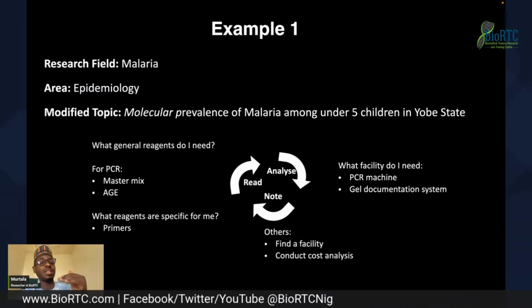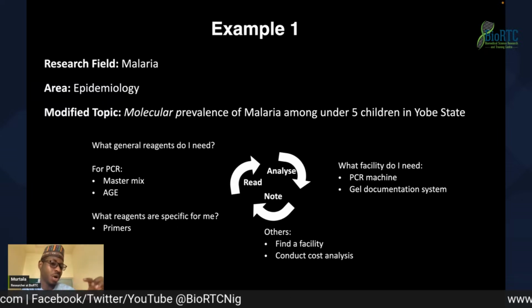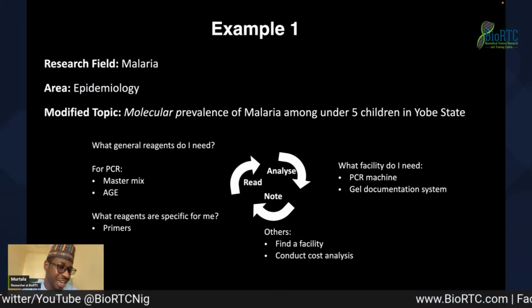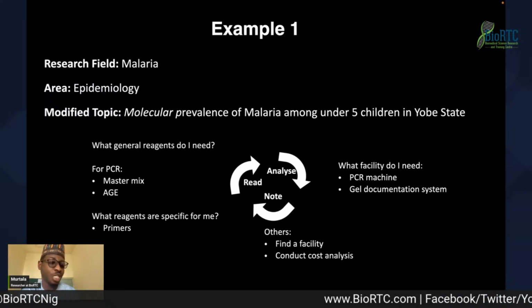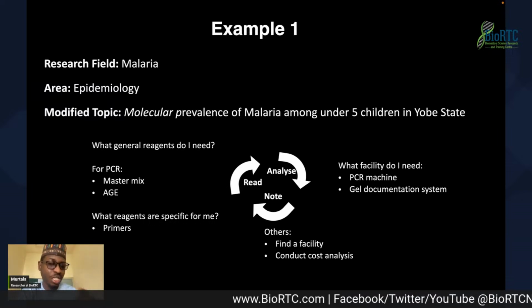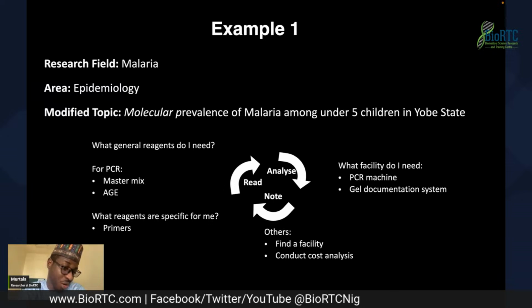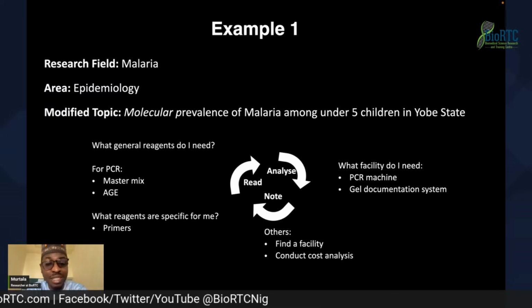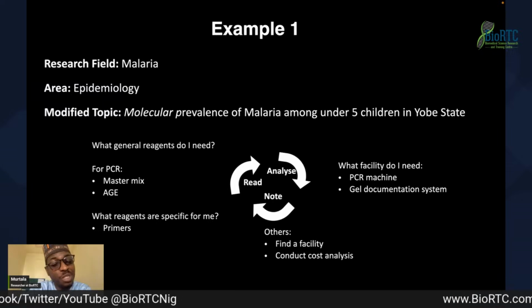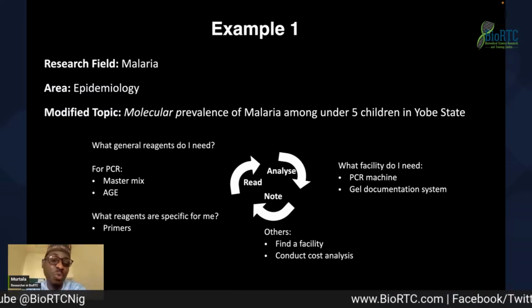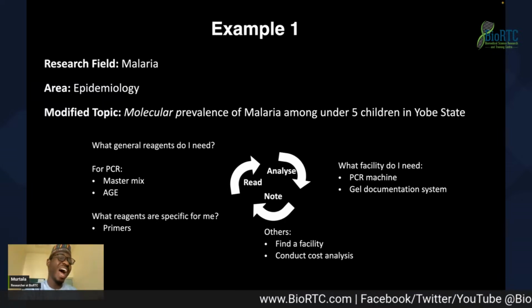So it's helpful for you to categorize your reagents into two: those that are common and those that are specific to you. And this is where a lot of the talk breaks down whenever somebody wants to come. The moment we start asking what the specific reagents are that you need, you see that somebody doesn't know the actual reagents they need.